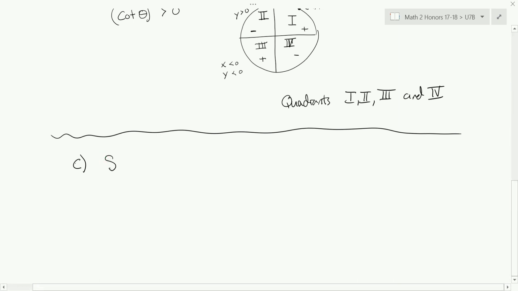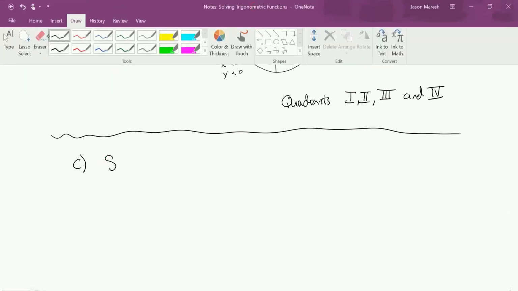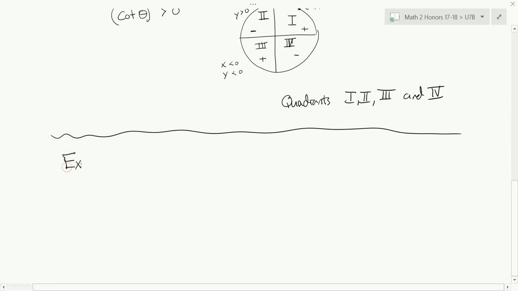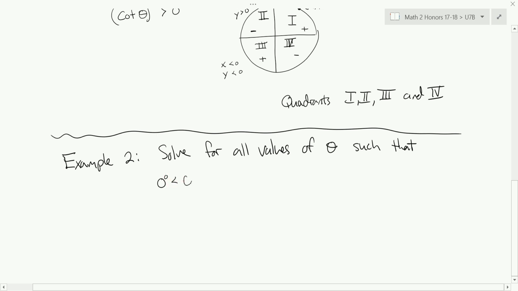Sorry, this should be example 2, not C. Solve for all values of theta such that theta is between 0 and 360 degrees, and give all answers in degrees. We'll work in degrees instead of radians, okay?